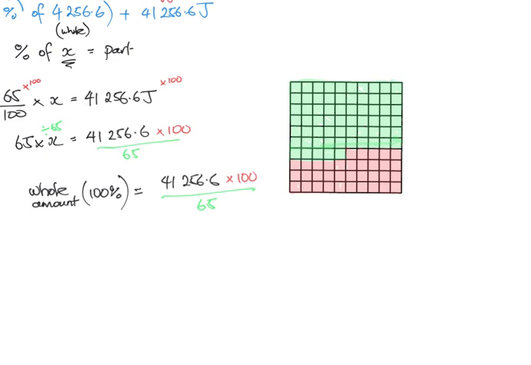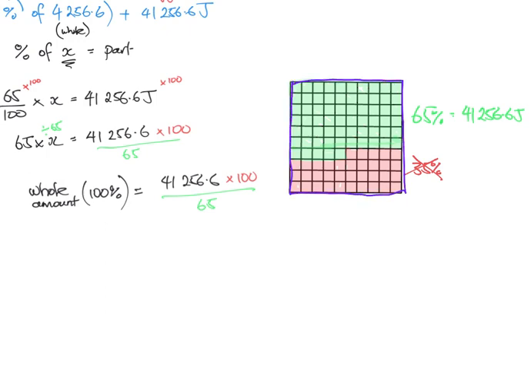So we know that 65% is going to be 41,256.6 joules. Now this part that's shaded red, that's going to be 35%, but we don't really have to worry about that amount because we don't have any information on that yet. We're actually trying to figure out what this 100% is.